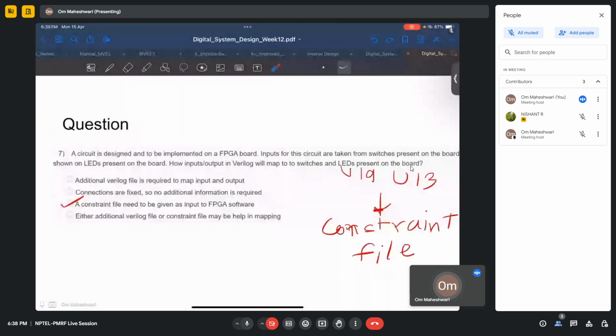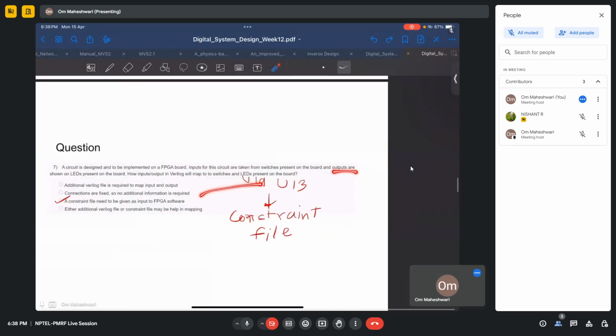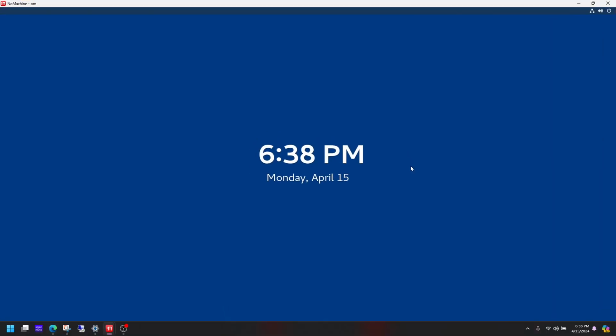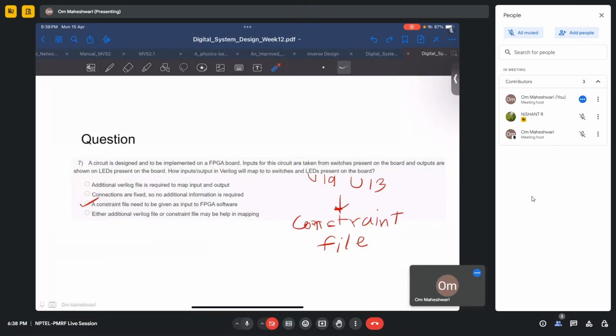A circuit is designed and to be implemented on an FPGA board. Inputs for this circuit are taken from switches present on the board, and outputs are shown on LEDs present on the board. How will inputs and outputs in Verilog map to switches and LEDs present on the board? If you remember the video, there were LEDs whose pins were connected to the actual pins of the chip, right?